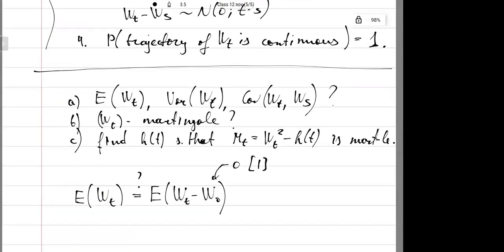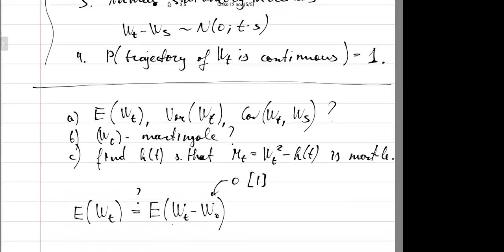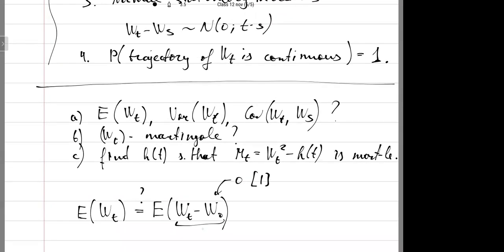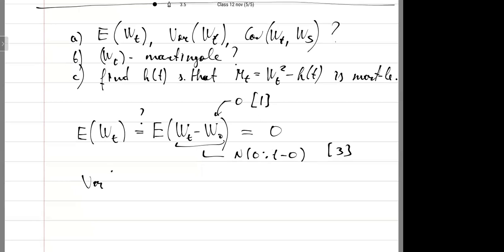Okay, so it's by first property, but by property number 3, this difference is normally distributed with mean 0 and variance t minus 0, so it's 0 by property 3. Okay, what is the variance of Wt? Be brave, it's easy. Just look at the properties.